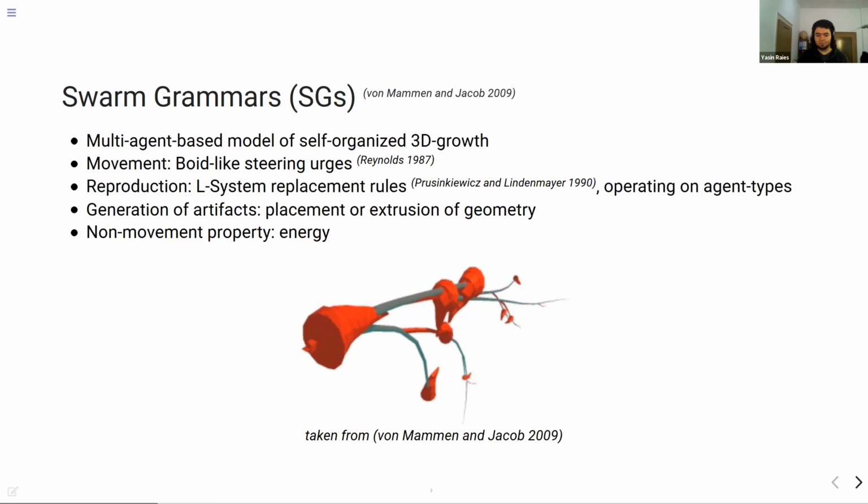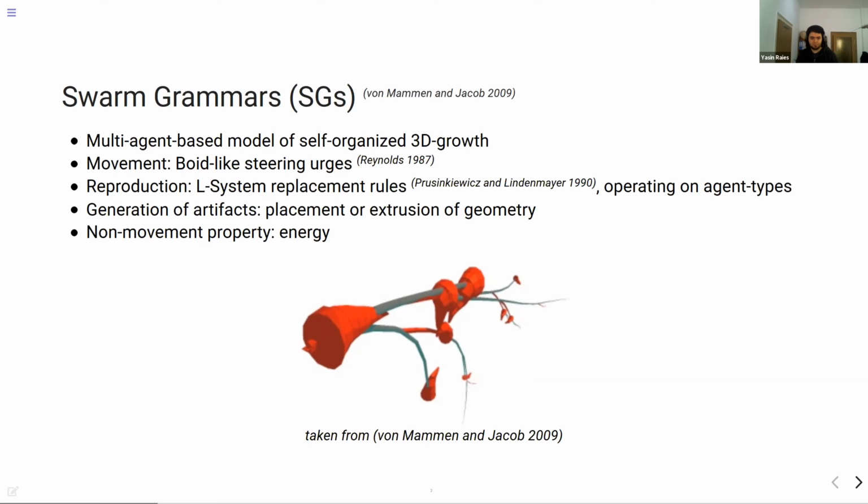This way, for example, at the bottom, you can see a thorny twig generated through swarm grammars. Of course, if we want to generate something, the agents have to have some kind of capability to place geometry, either directly, as Sebastian did in his prior work, through placing cuboid objects, or as you can see on the bottom, through extrusion of these cylindrical structures.